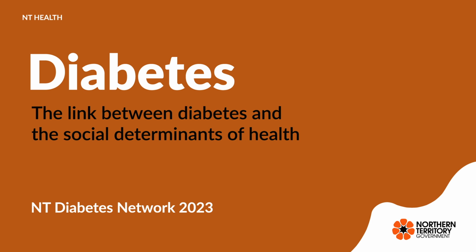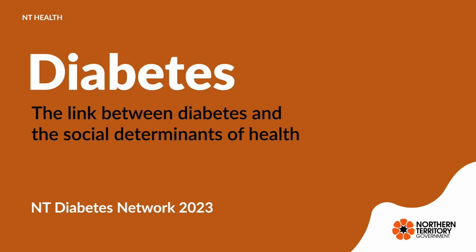It is well known that health is strongly influenced, positively and negatively, by the social determinants. These are the social and environmental conditions in which we live. This means a person's health and well-being is dependent on non-medical factors such as their housing, education level, employment, and income.